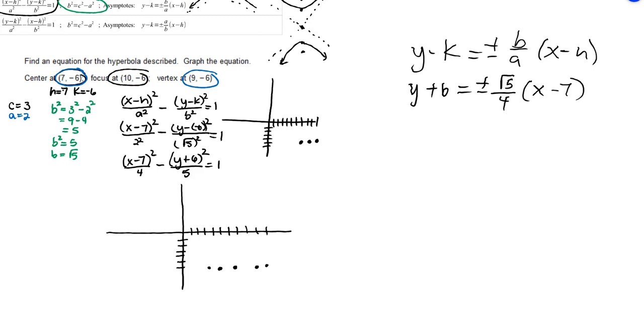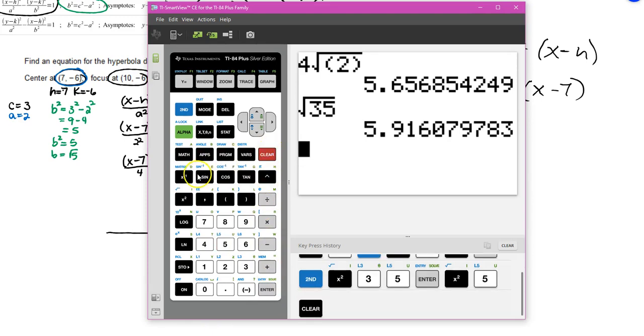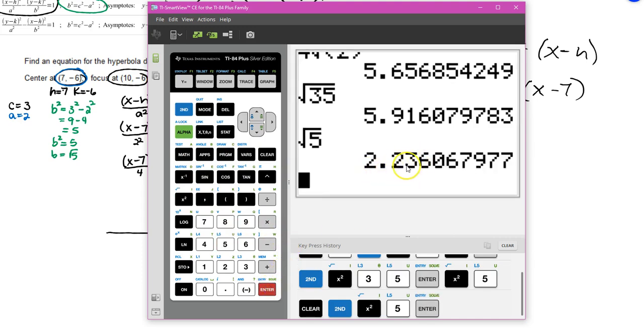So those are the equations of our two asymptotes. And you see we needed b to be able to define those asymptotes. And I also need an approximation for the square root of 5 to be able to sketch this. The square root of 5 is approximately 2 1/4.